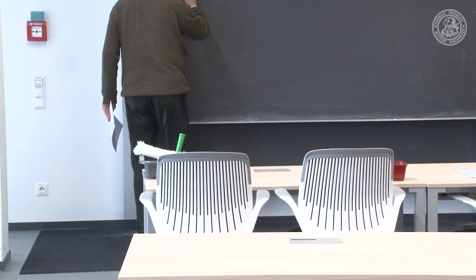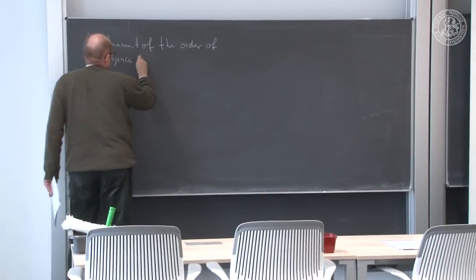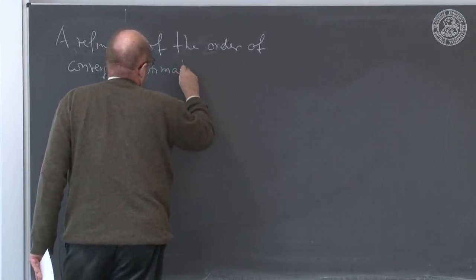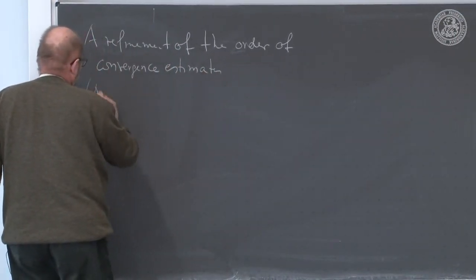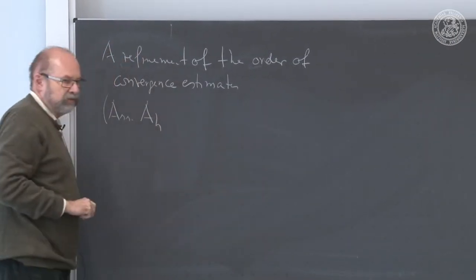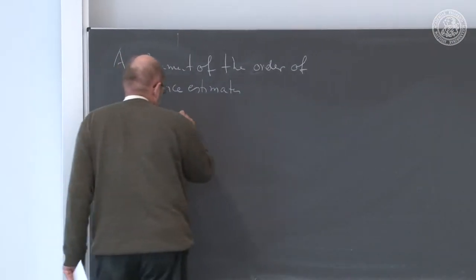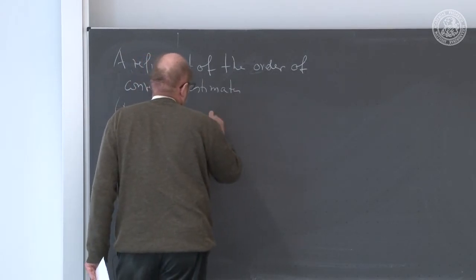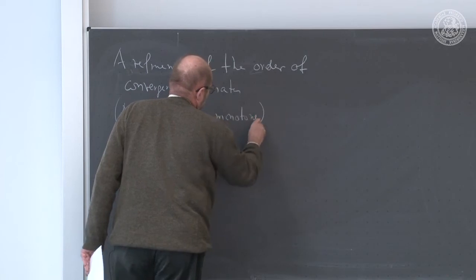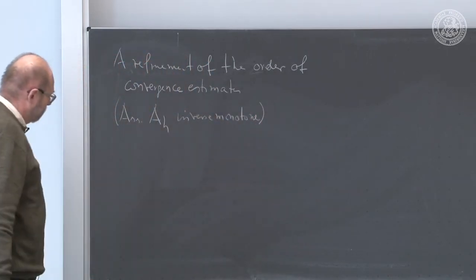Always in the framework we have discussed last time, in particular meaning that we always assume that we are dealing with discretizations where the discretization matrix is inverse monotone. And we have seen requirements which are sufficient for that.